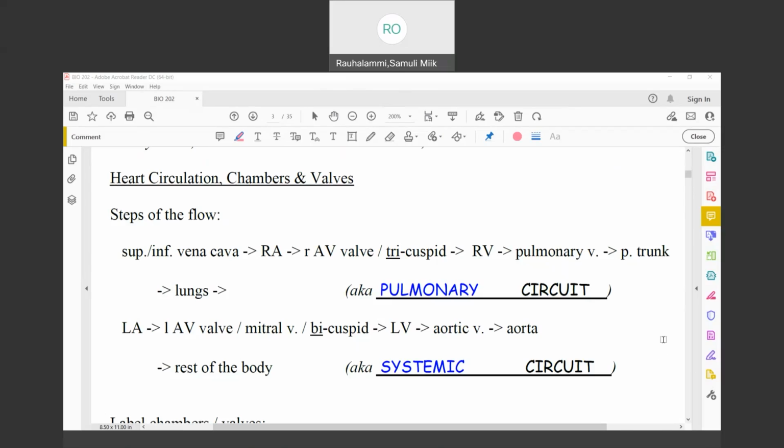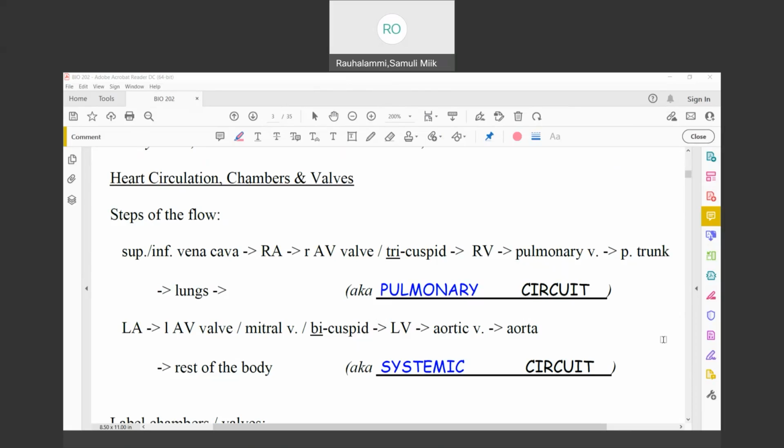Now that the blood has traveled to the left ventricle, this blood is rich in oxygen and we're eager to get it to the rest of the body where it can be utilized. Left ventricle, you remember, we had a thicker wall there. As the left ventricle contracts, blood cannot return back to the left atrium, so blood has to go to the aorta. It goes there through the aortic valve, the second of our two semilunar valves that we saw.